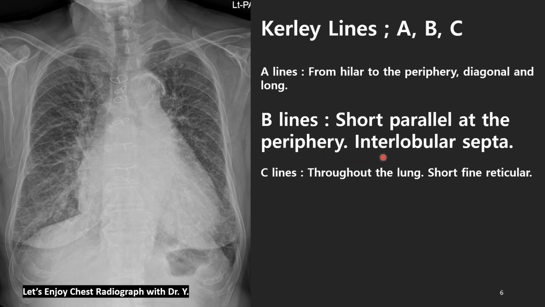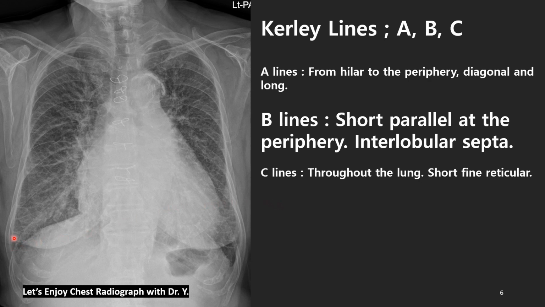Actually, it is the thickening of the interlobular septum. C lines are all throughout the lung, short, fine, lenticular lines. But most importantly, B lines are important. We don't have to pay much attention to the A and C lines.